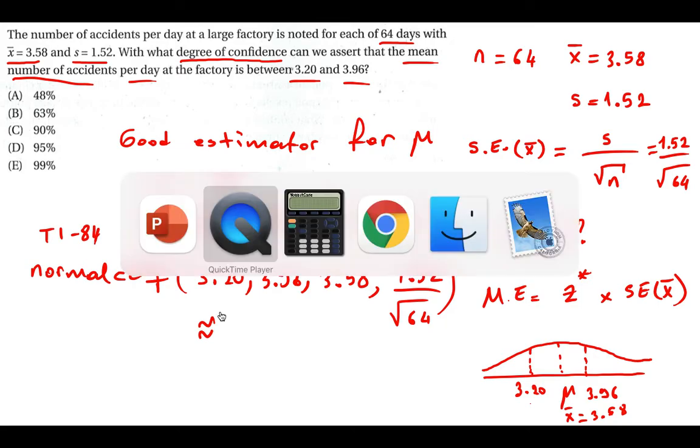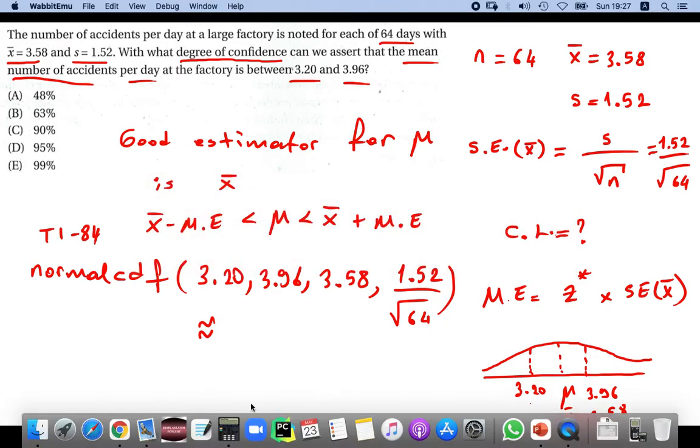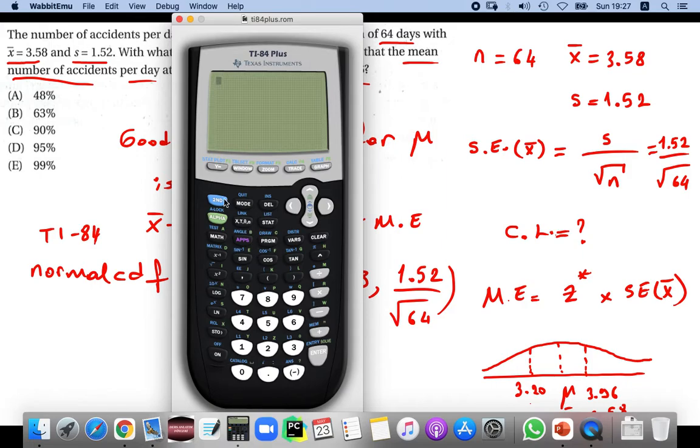So let me do this by using my calculator here.